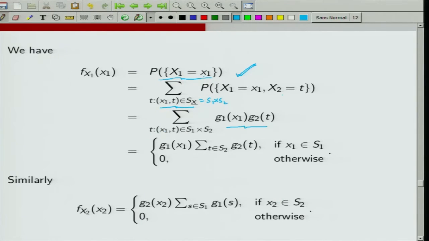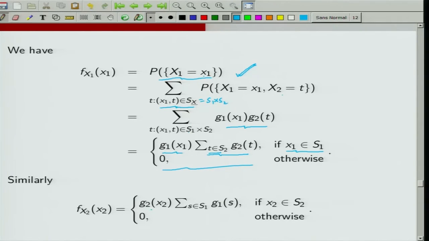Since I am summing over t, g1(x1) comes outside. So, the summation over t belonging to S2 of g2(t), and to ensure that I am not summing over an empty set, my x1 has to be in S1. If x1 is in S1, the only condition I need is t belongs to S2. That is what I am doing over here. And if x1 does not belong to S1, then I am summing over an empty set, and this would be 0.